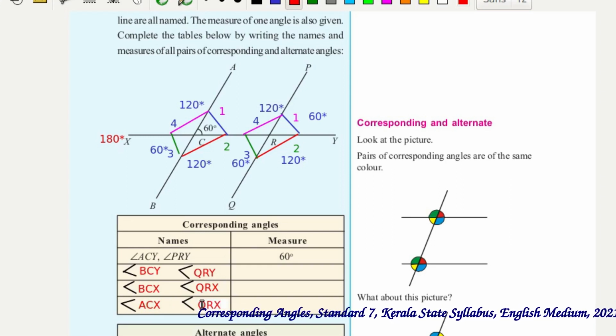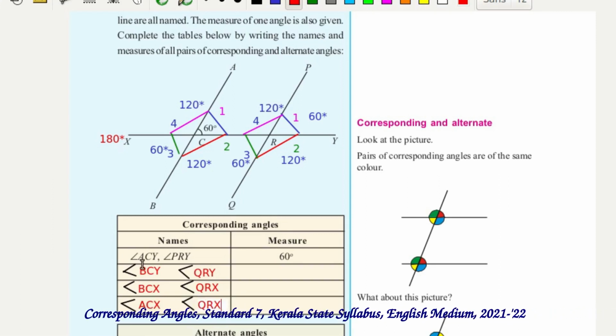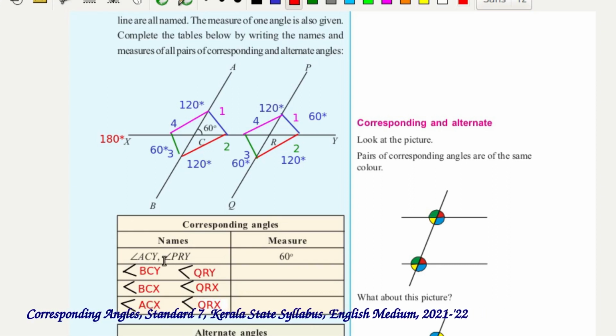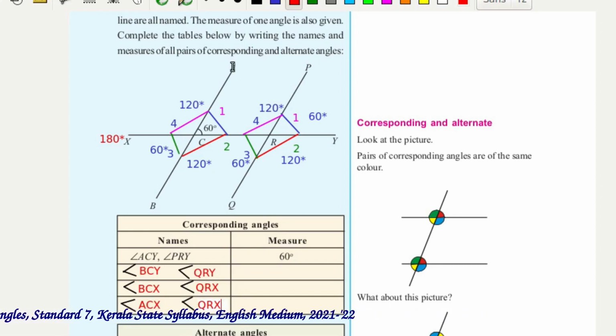Look at this one: angle ACY and angle PRY are equal to 60 degrees, because they are corresponding angles in similar positions. So here it is given as 60 degrees.